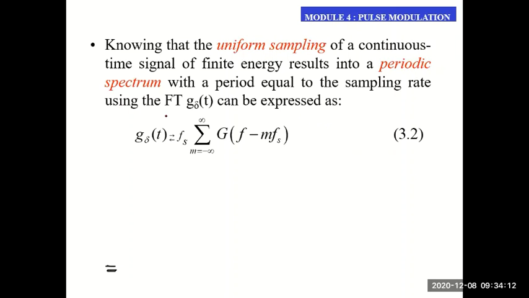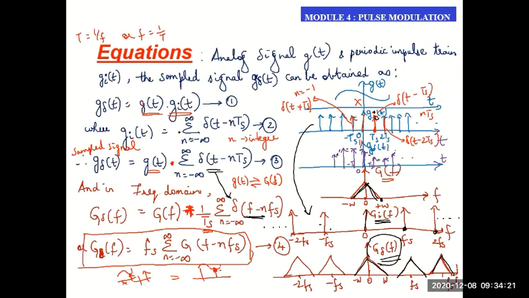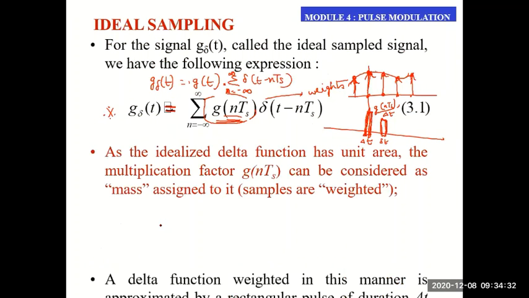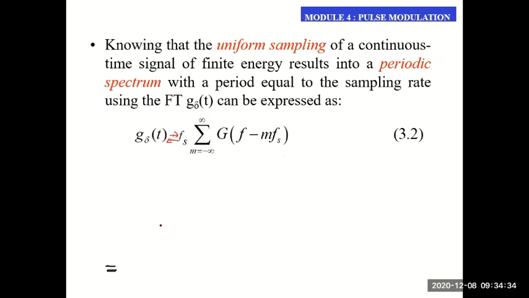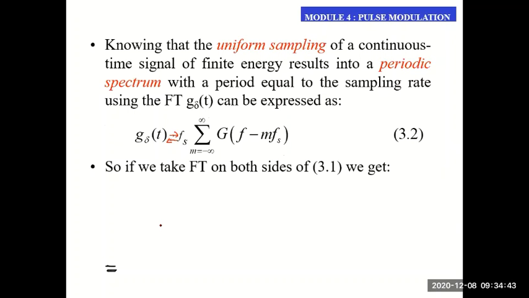Here, G delta of f is Fs summation G of f minus n fs. The Fourier transform of g delta of t can be expressed in this form. N or M, anything you can use. Here we've used m and n interchangeably.